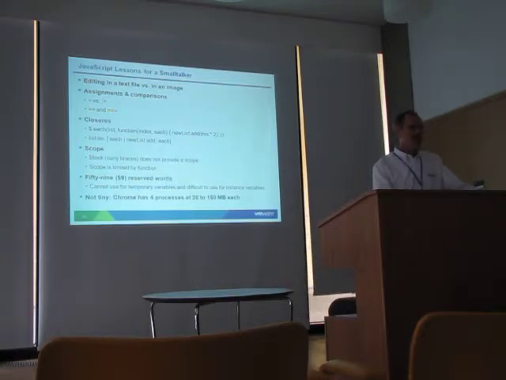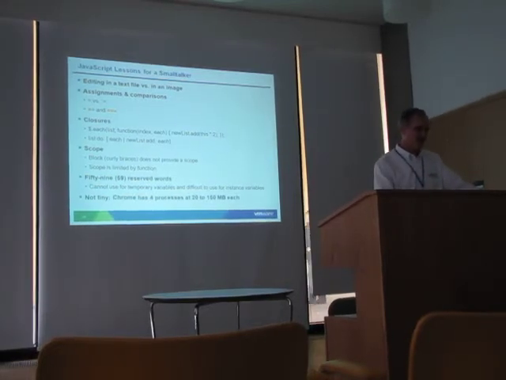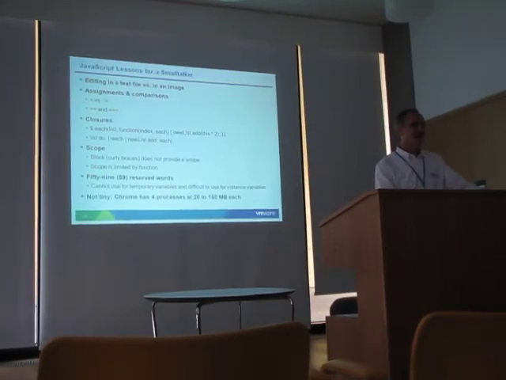Scope, curly braces do not provide a scope. This is kind of a gotcha in JavaScript that is mentioned in many articles about people coming to JavaScript. Scoping is a little different. 59 reserved words that can't be used.